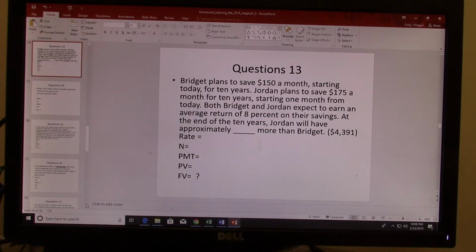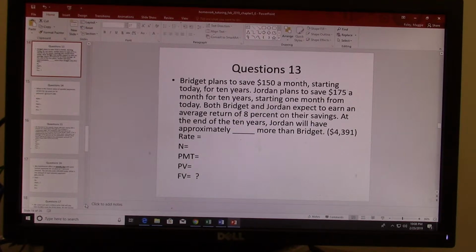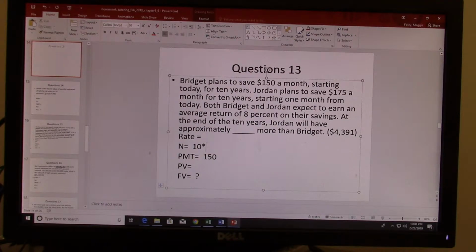Okay, Bridget starts to save $150 a month. So this is the payment for Bridget. And it's 10 years, so N should be, she's making savings every month for 10 years.